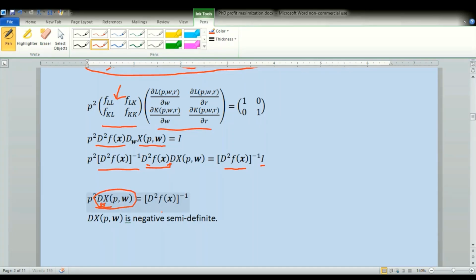This is one conclusion that we are able to arrive at, that this matrix of derivative of the factor demand function with respect to prices is negative semi-definite. See that if you look closely at this matrix, you will be able to compare it with the substitution matrix that we had seen in the consumer theory.